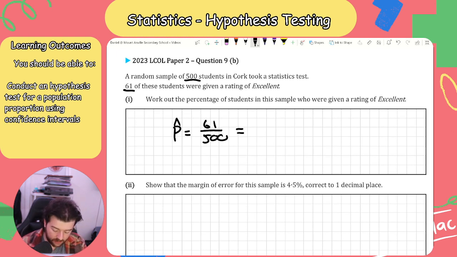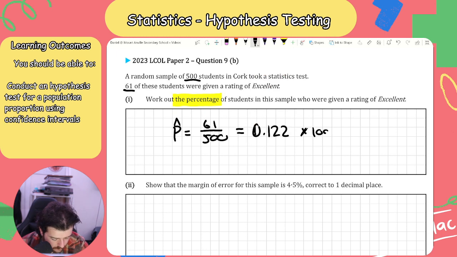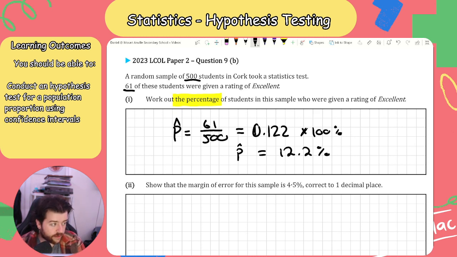That is equal to 0.122, but it's asking me for the percentage, so I multiply by 100, and that is going to be 12.2%. That is my sample proportion there.